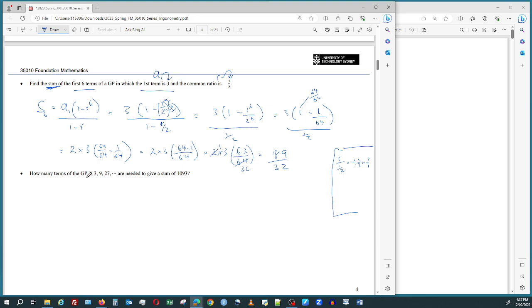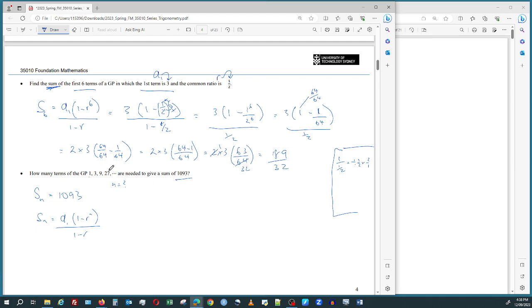All right, so for our how many terms, now they want an answer. So we're saying the sum is 1093, so n is unknown. So Sn is equal to a times 1 minus r to the n over 1 minus r. So we can work out r.